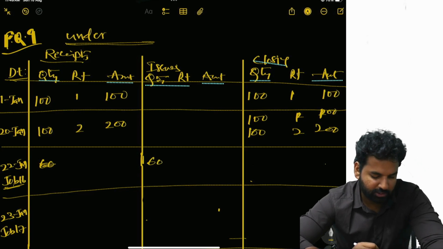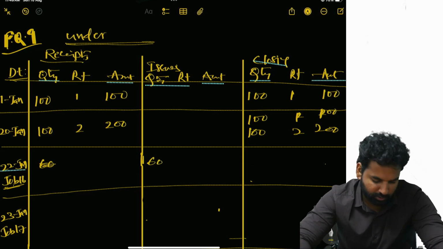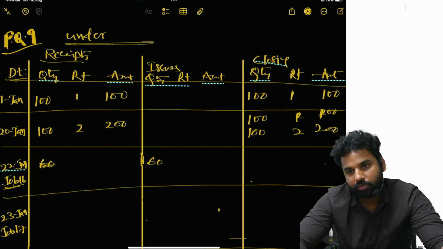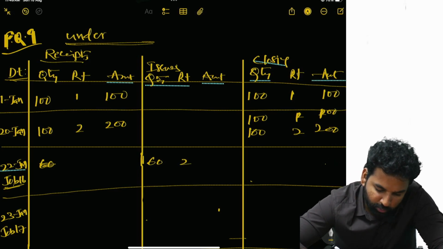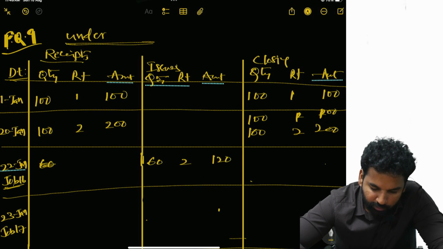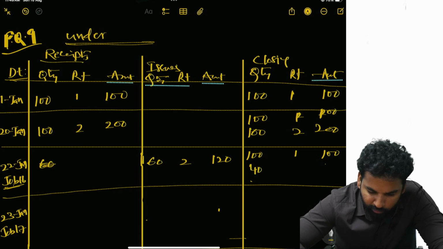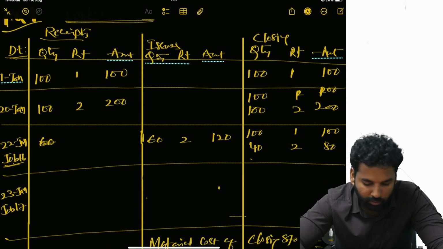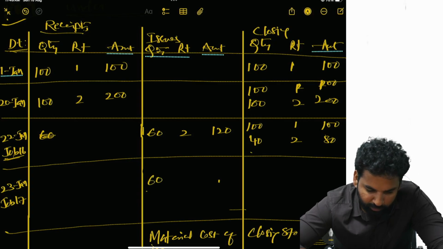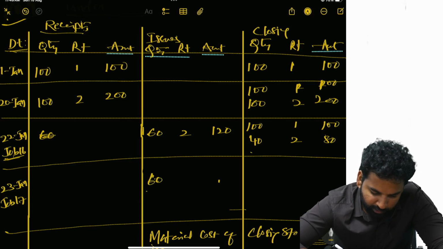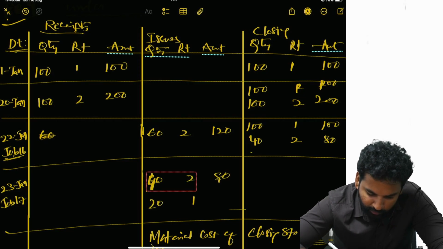See, this first Jan, 28th Jan, these are the same, just purchase. On 22nd Jan, there is an issue for job 16. How many units? 60 units. So 60 units into 2 are 120. So remaining stock will be 100 into 1, 100, 40 into 2, 80. Okay. Next, issue for job 17, 60 units. How will it be? 40 into 2, 80, 20 into 1, 20, which will be totally 100.